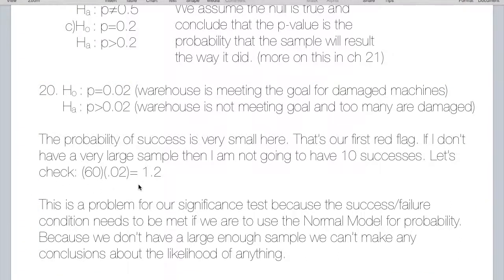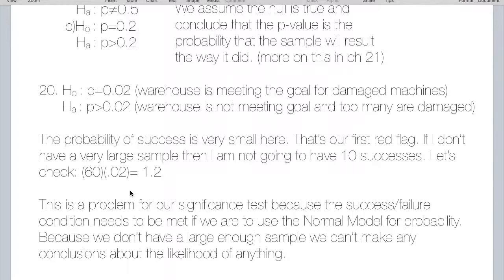Not enough successes. And so the reality is that because this particular condition is not met, I can't use the normal model, which means I can't use my logic that certain probabilities are supposed to occur at certain places. And so we can't say anything about probability. Our sample size isn't large enough yet.